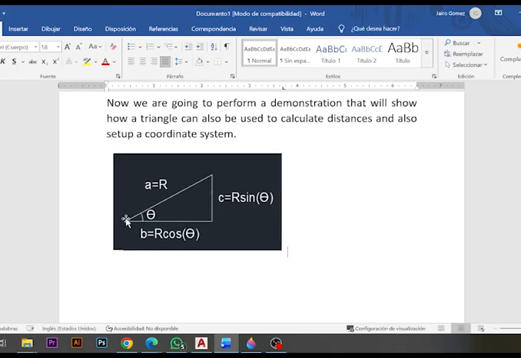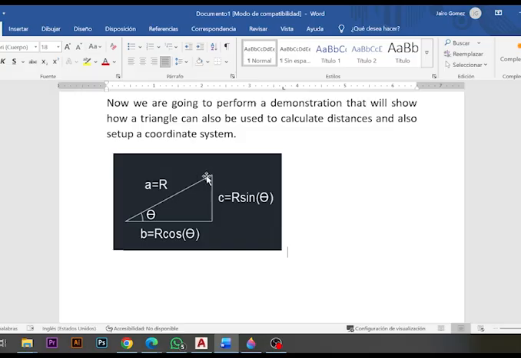That if you have your coordinate system where this point is the origin or 0, 0, this system would have an x coordinate of r cosine of theta and a y coordinate of r sine theta.